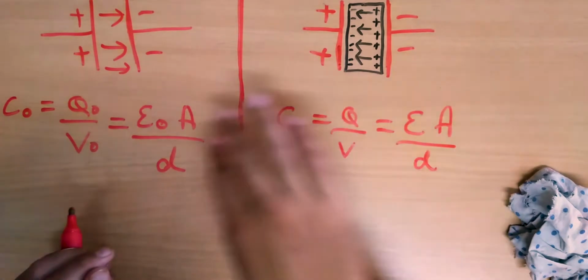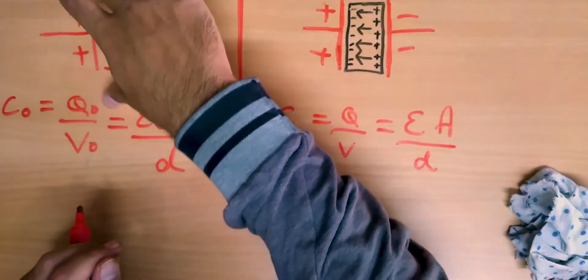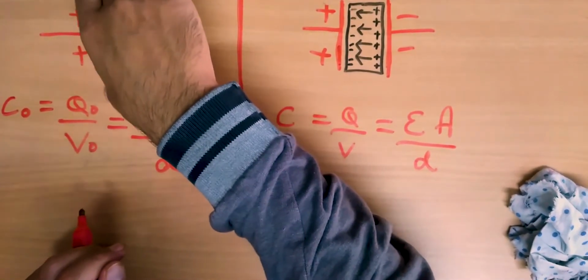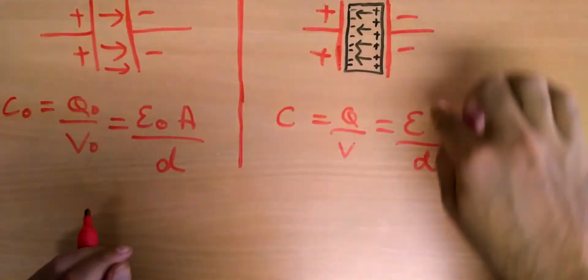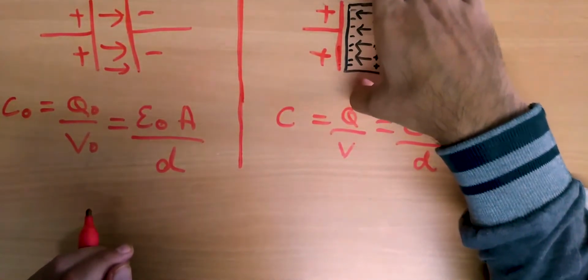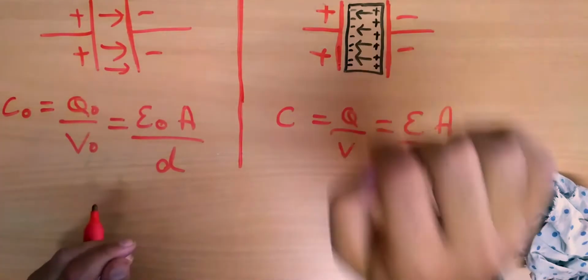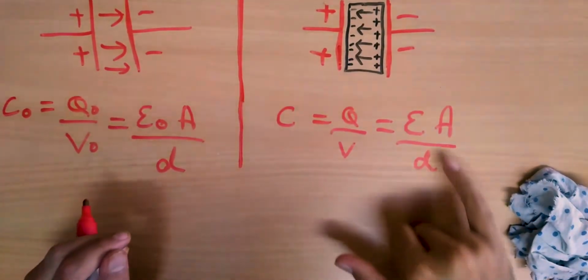Here epsilon naught is the permittivity of free space, the permittivity of vacuum. But here epsilon is the permittivity of this medium, this dielectric, this substance here, because that's the difference here. So I have to write that here.